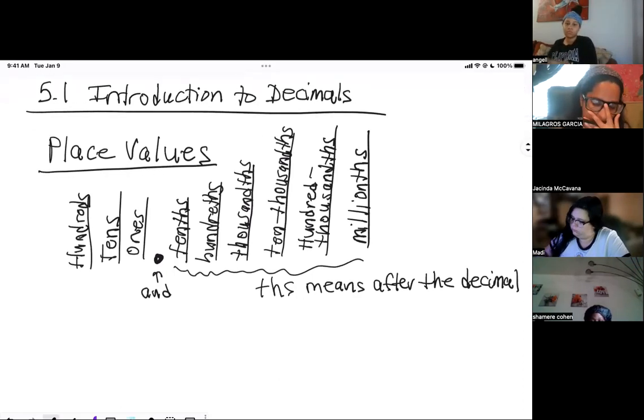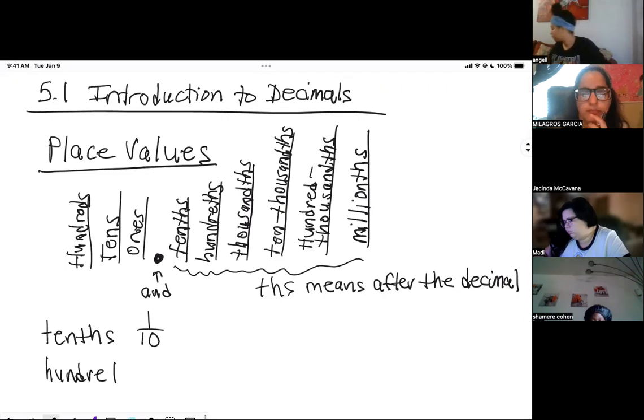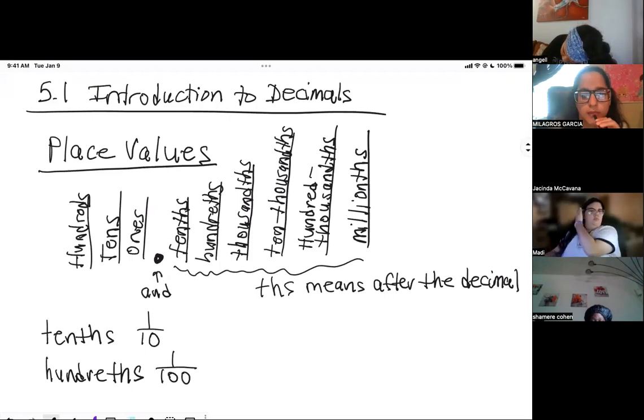All right, so now, like I said, decimals and fractions go together because we can rewrite them back and forth between each other. So when you see the word tenths in fraction terms, that's 1/10. It's like 10 reciprocated, 1/10. When you see hundredths, that's 100, but reciprocated, 1/100.